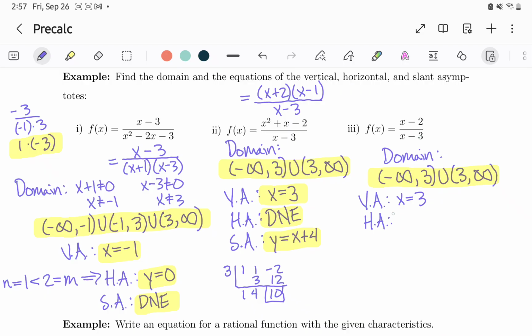And so we said that in that case, we are going to have a horizontal asymptote given by y equals the ratio of the leading coefficients. So y equals 1 over 1 here would be that ratio, or rather just y equals 1. And then slant asymptotes, well, since there is a horizontal asymptote, there is no slant asymptote.